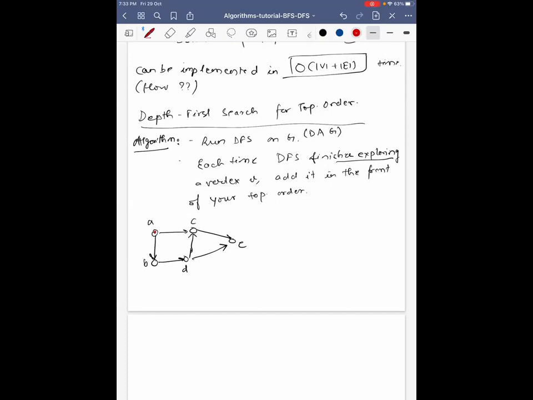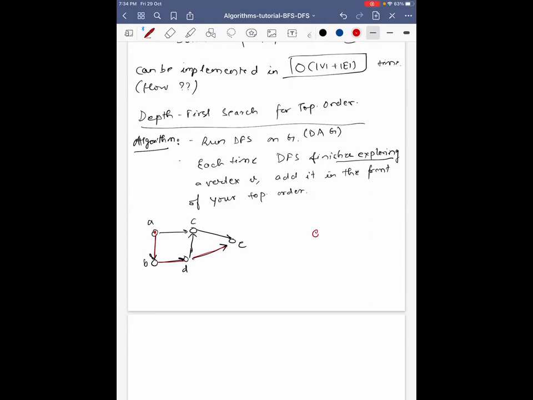Okay, so let's say it visits the node B, subsequently it visits D, then it visits E. Now, when DFS reaches E, it has nothing more to visit any further, right? So that means DFS has completed exploring E. So it will output E. So we'll write down E.